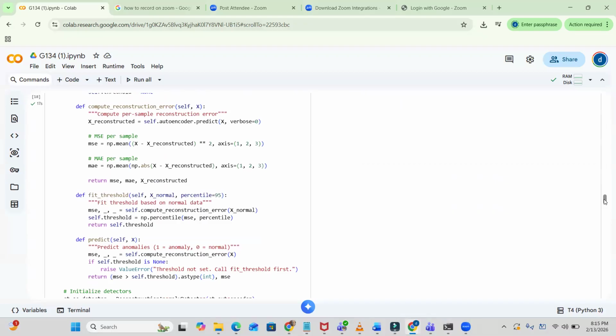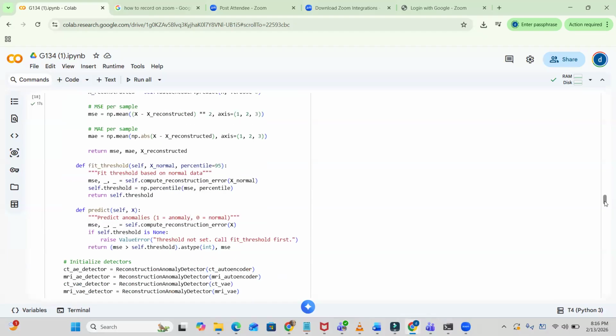His approach was to compute both Euclidean and cosine distances between CT and MRI latent features, since lesions visible in one modality but not the other could create distance spikes. And this was the challenge that he could solve.